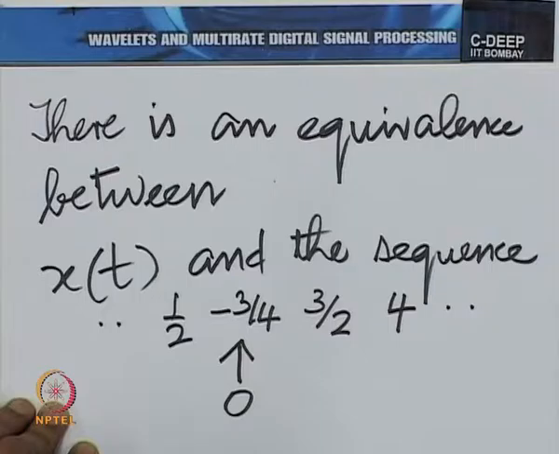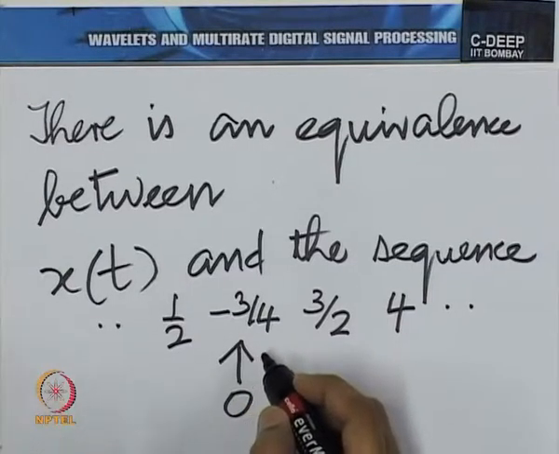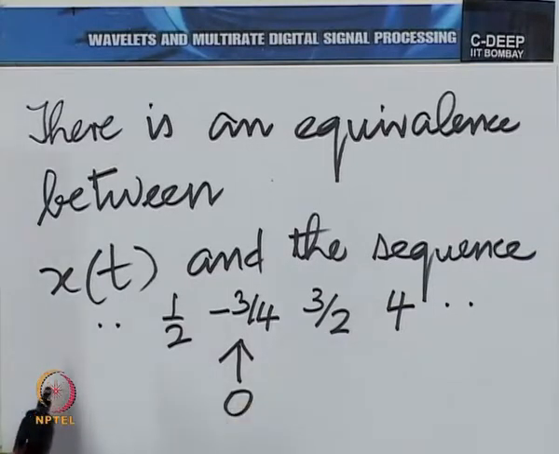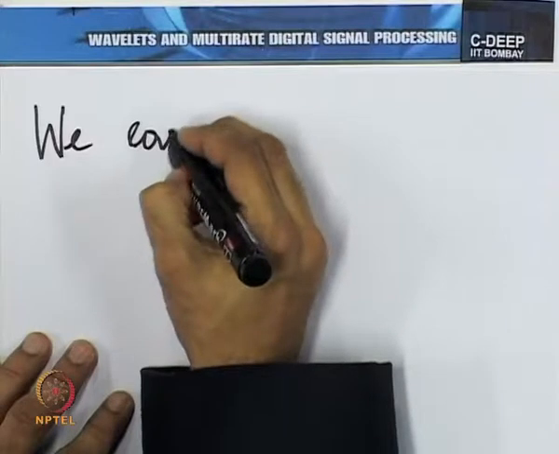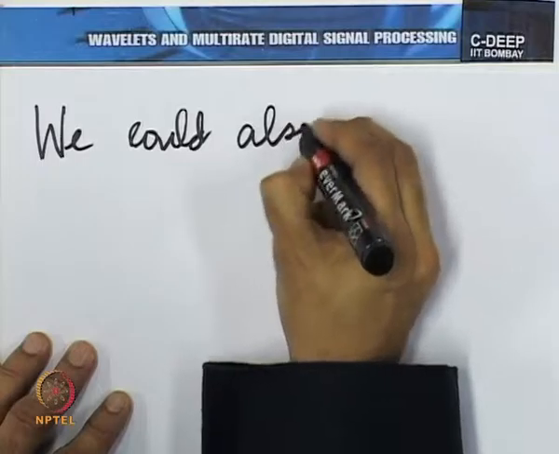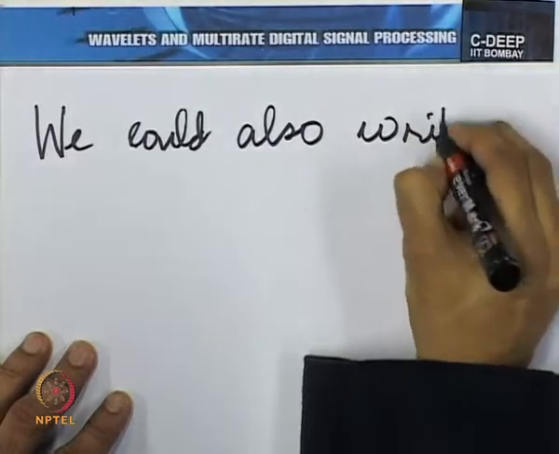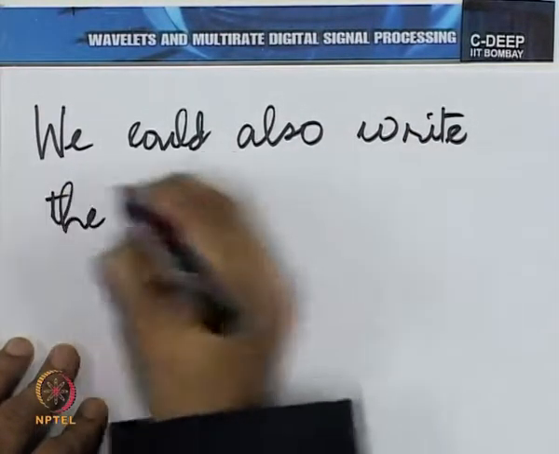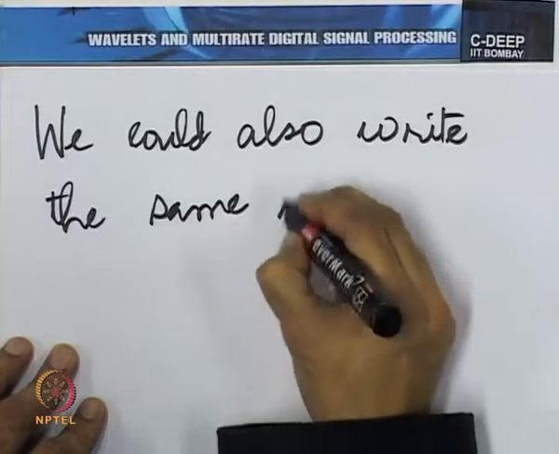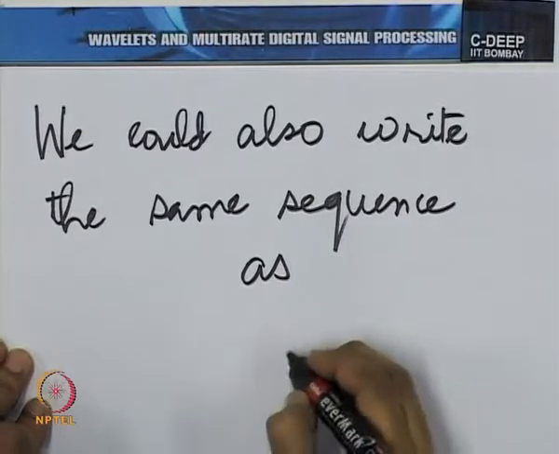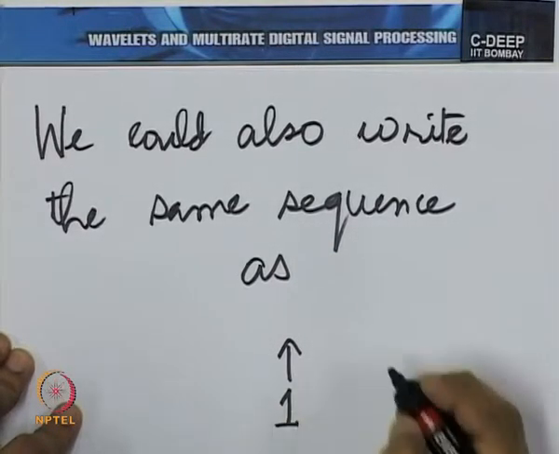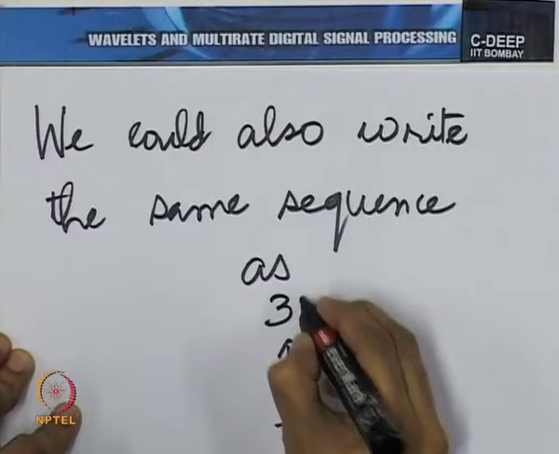Now, as an alternative, we could have as well written the same sequence in the following way. This is just to introduce notation properly. So, we could also have written, so you could mark 1, for example, the sample at point number 1.